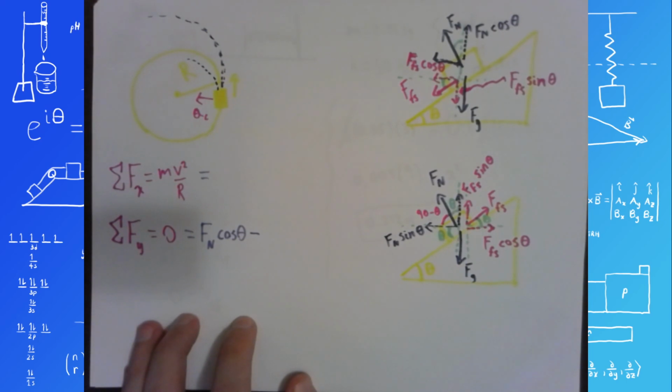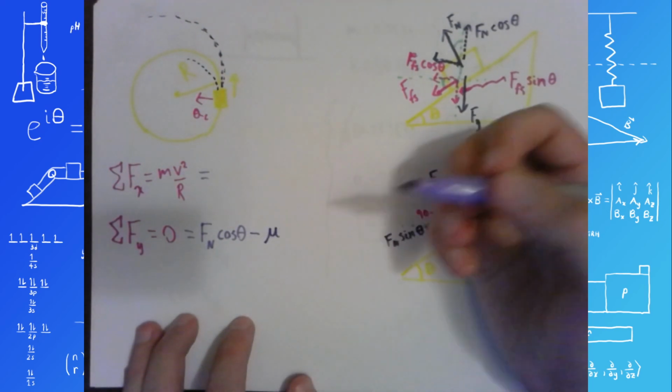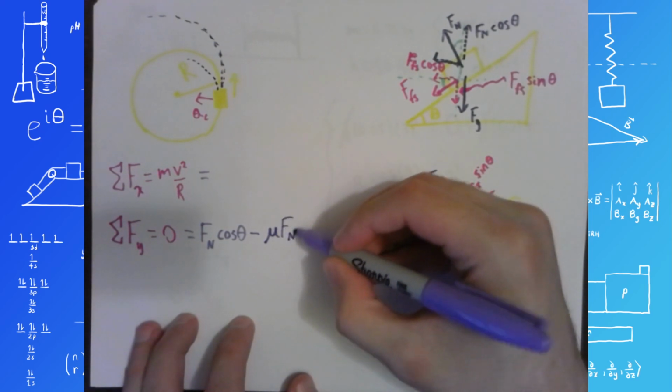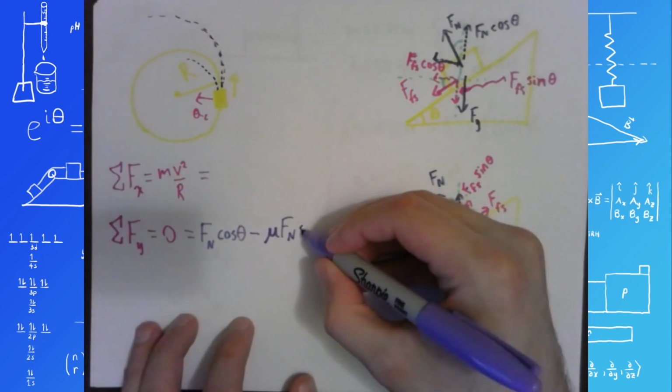So force of static friction, at least when it's at its maximum value, is going to be equal to the normal force times the coefficient of friction. So I can go ahead and write that as mu times normal force, and then that times sine of theta.